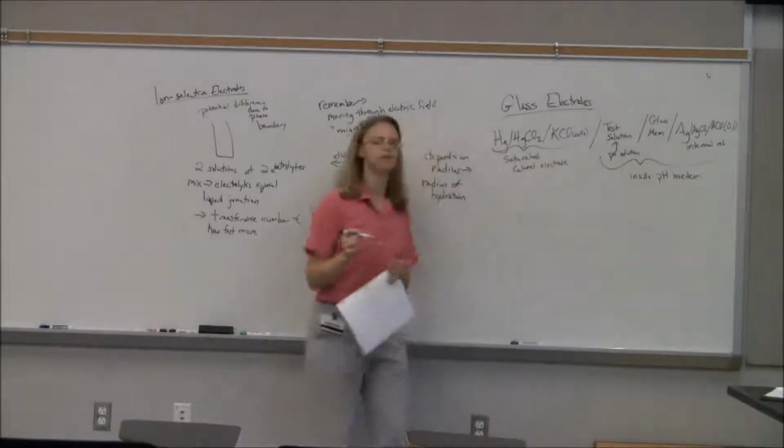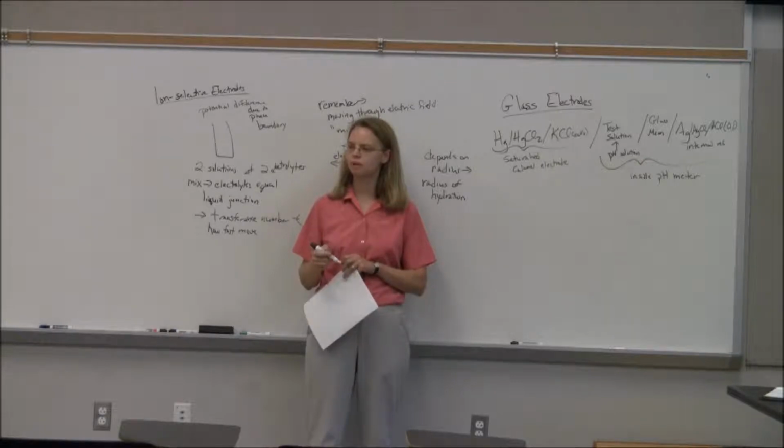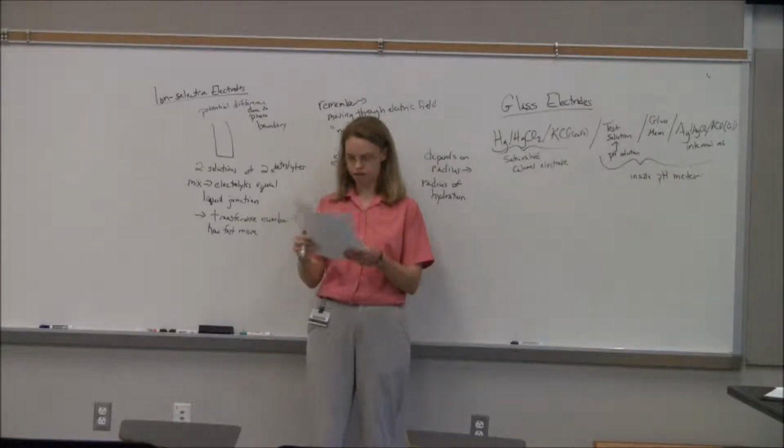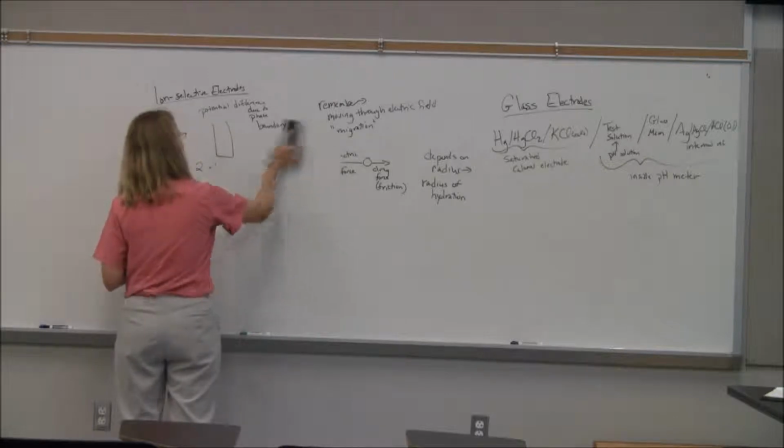How many electrodes are in your pH meter? Two, right? That's really confusing to people because they plop one thing in there. But almost all commercial probes have an internal reference, right? We can't get around the fact that we have to have two electrodes to measure voltage. We still have two electrodes, just because if you only put one thing in doesn't mean the other wasn't there. So the one is internal to the other one, and then they're separated by glass.